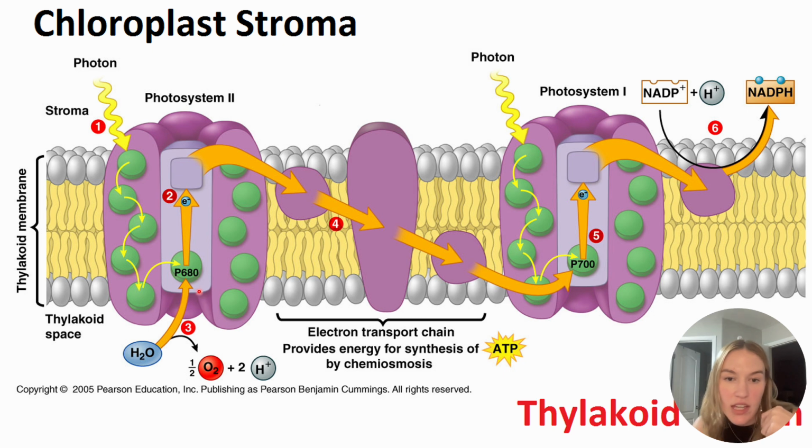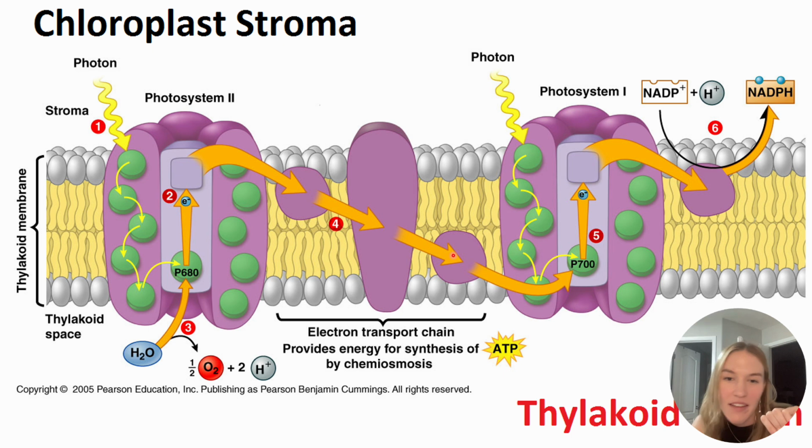I'll remind you, we just left off with a high energy electron because this electron was excited by the energy coming from light. Every time that it gets passed from one protein to the next, it is losing, and I'm putting that in air quotes, energy. It's not really losing energy, because what is happening is it's moving from a protein that doesn't really need the electron to a protein that really wants the electron.